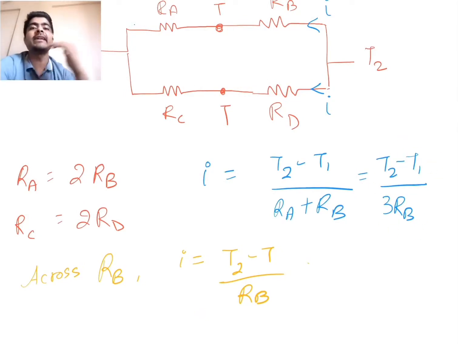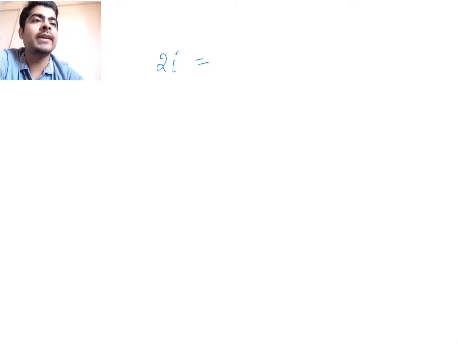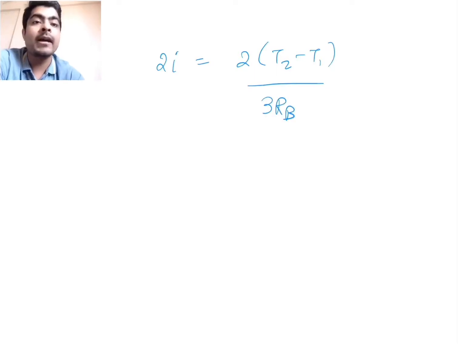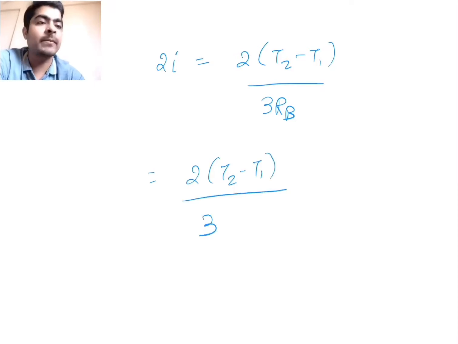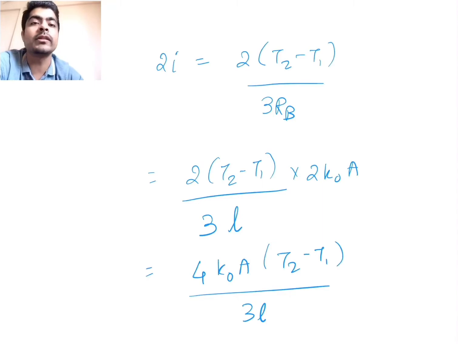So the total rate of heat flow will be 2 times T2 minus T1 divided by 3 Rb. Now what is Rb equal to? Rb will be length L divided by conductivity 2K naught times A. So we get 4 K naught A times T2 minus T1 divided by 3L. This is the total rate of heat flow through the end T2.